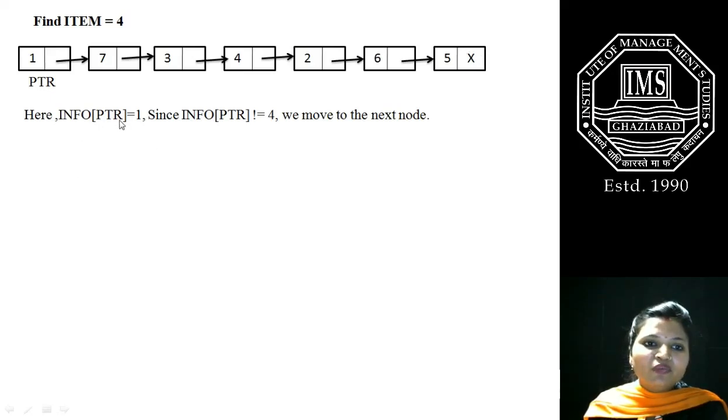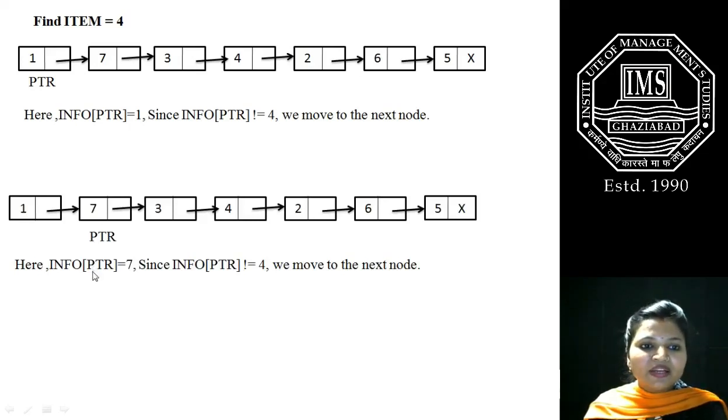Here we want to find the location of the item 4. If info PTR is equal to 1, means the value at PTR is equal to 1. Since it is not equal to 4, we will move to the next node. Now PTR will point to the second node.